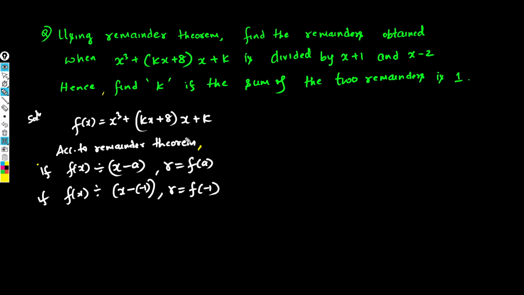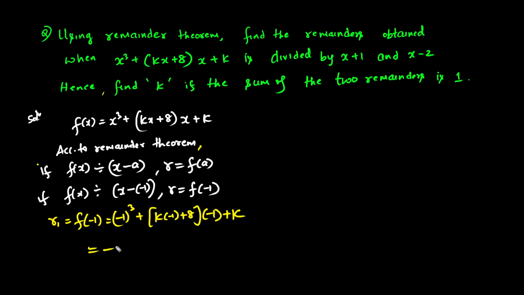If f of x is divided by the first divisor, that is x plus 1, I can write x plus 1 as x minus of minus 1, so that a can be written as minus 1. Then the remainder would be f of minus 1. Let me take that first remainder as r1. What would be r1? It would be f of minus 1. What would be f of minus 1? Minus 1 whole cube plus k into minus 1 plus 8 into minus 1 plus k.